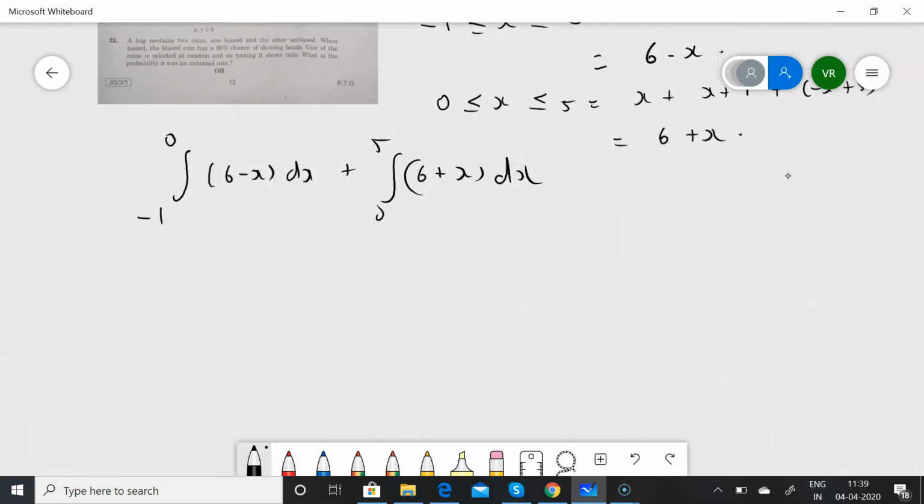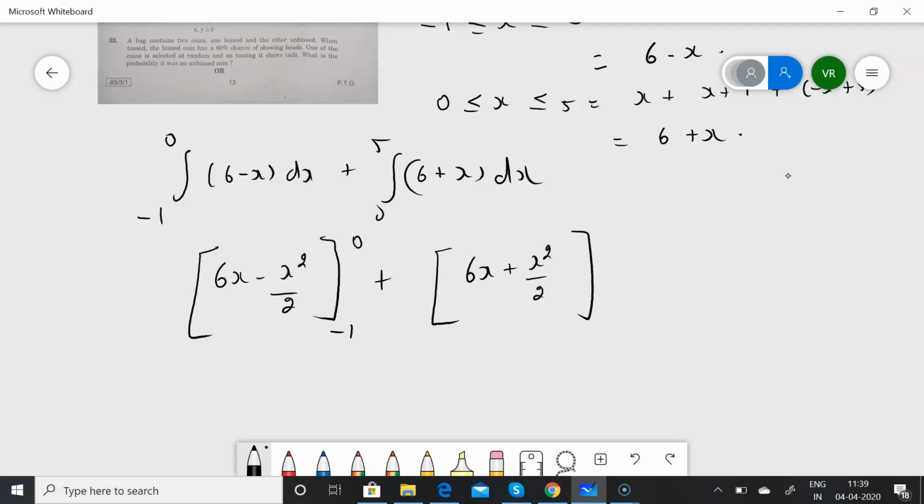So on integration I get it as 6x minus x squared by 2 between the limits minus 1 to 0 plus 6x plus x squared by 2 between the limits 0 to 5. That gives me 6 plus half plus 25 by 2 plus 36, 5 sixes is 30 plus 30, which is nothing but 98 by 2, which is equal to 49.